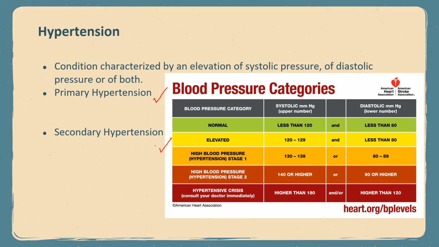The table that I am showing to you is the JNC classification of hypertension. Let's say, for example, the normal is less than 120 systolic blood pressure and the diastolic blood pressure is less than 80. Less than 120 over 80 is considered normal.